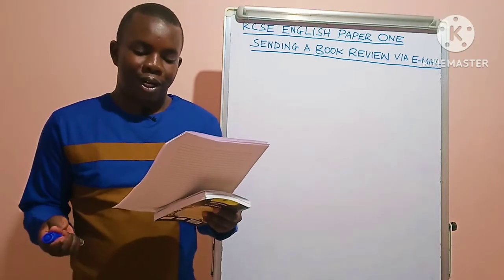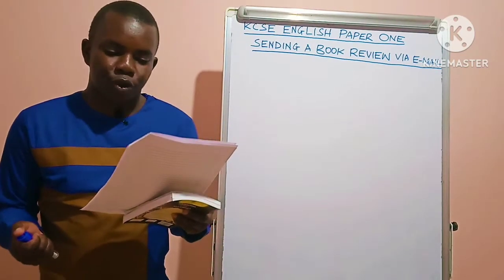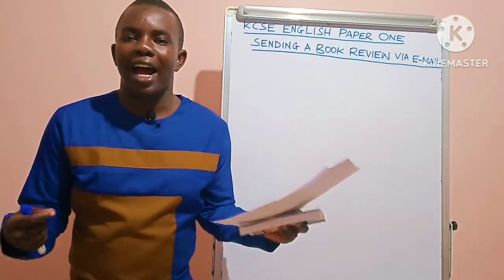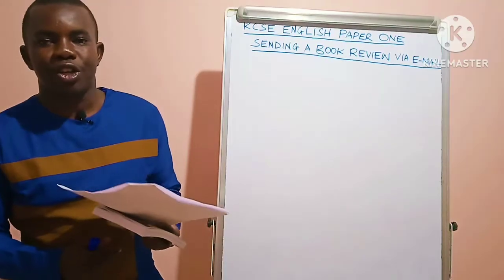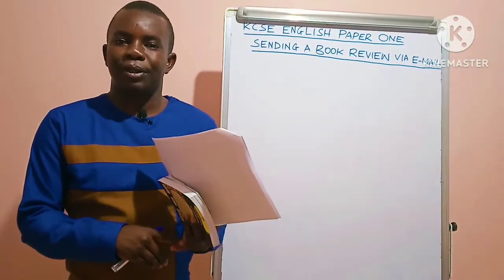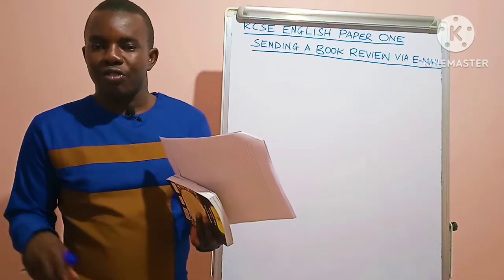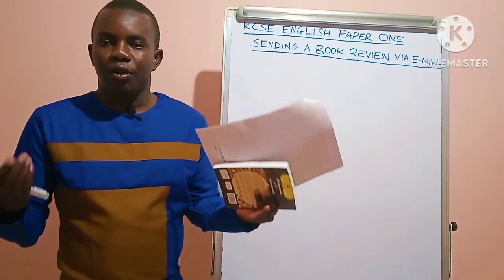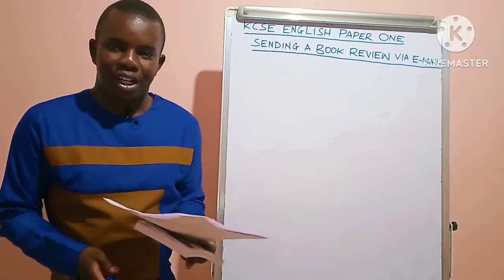You are thereby expected to write a book review that you will send to him via email. So the task here is that we are going to write a book review and send it through the email.